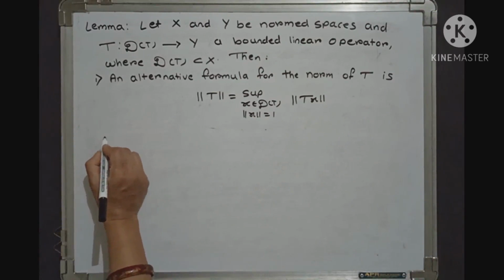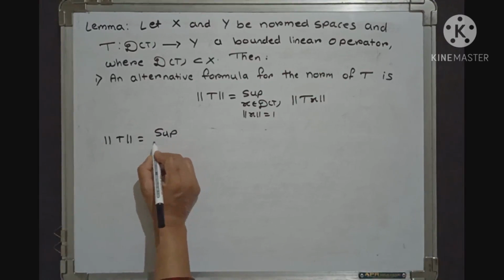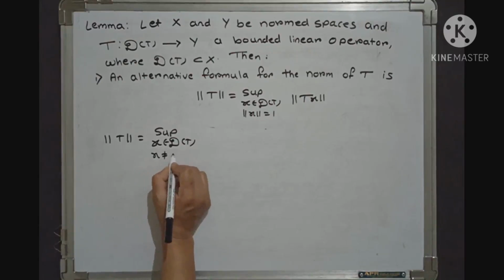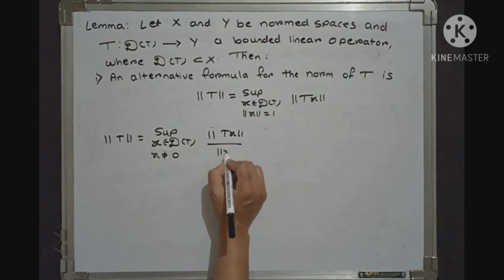the norm of T equals the supremum over x belonging to D(T), x not equal to 0, of the norm of Tx divided by the norm of x.